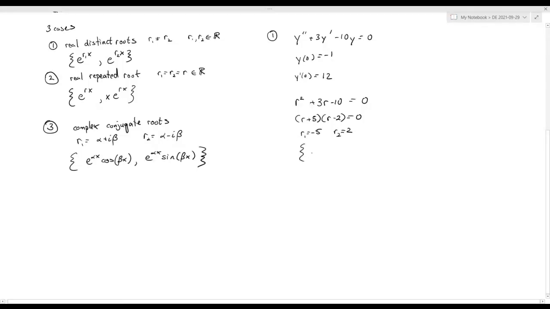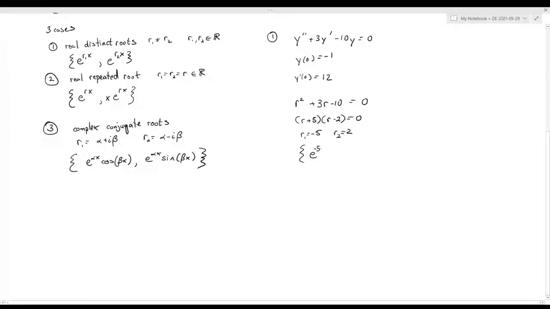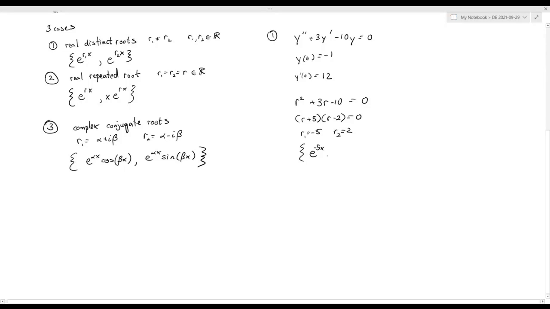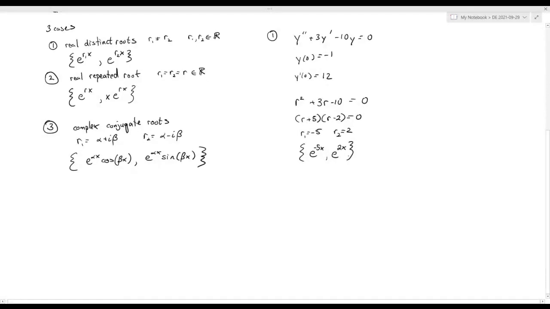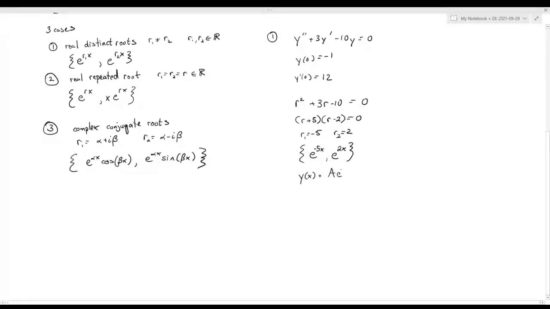So a fundamental solution set here would be e to the first root times x, and then e to the second root times x, right? Okay. Those are linearly independent. They're not like terms. Okay. And our general solution for y is some combination of the fundamental solution set.